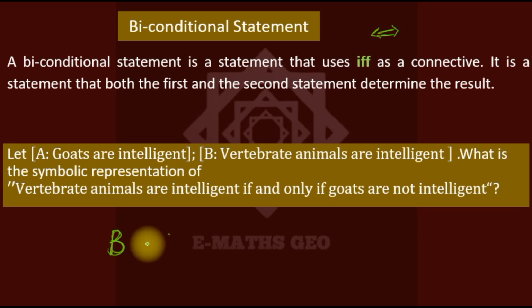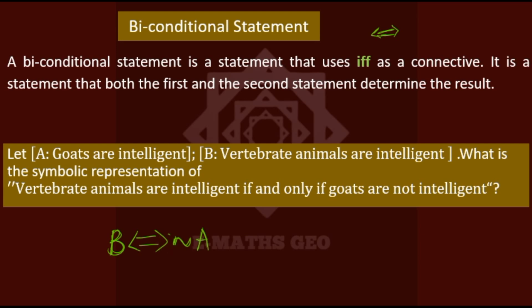If and only if, that's the symbol. If and only if goats are not intelligent. So goats are intelligent is A. So not intelligent is now negate A. So that's it. That's the symbolic representation.